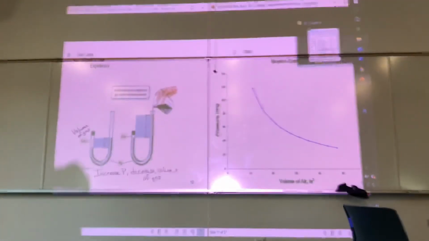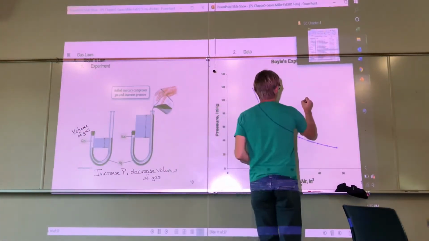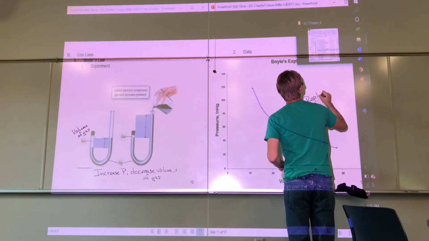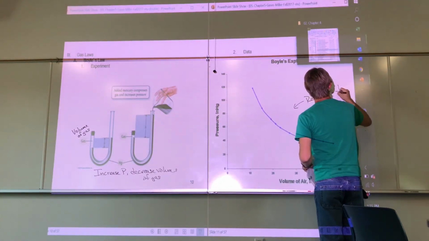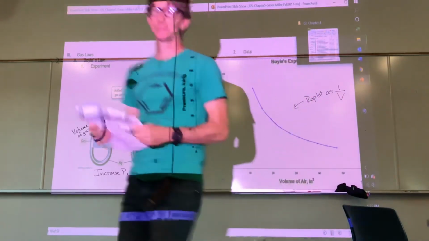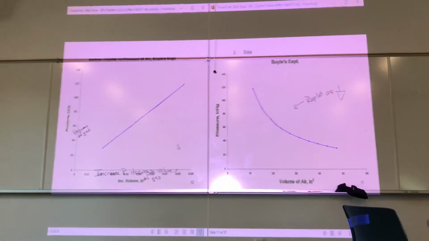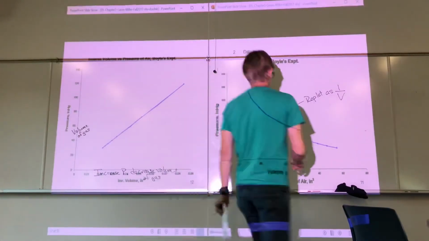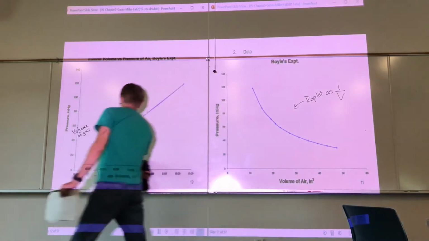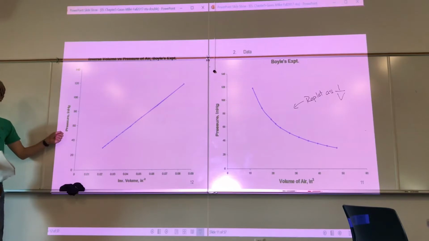So what I'm going to do is replot as 1 over volume on the next slide. I get a very nice straight line. And what this suggests is that pressure is directly proportional to 1 over volume.